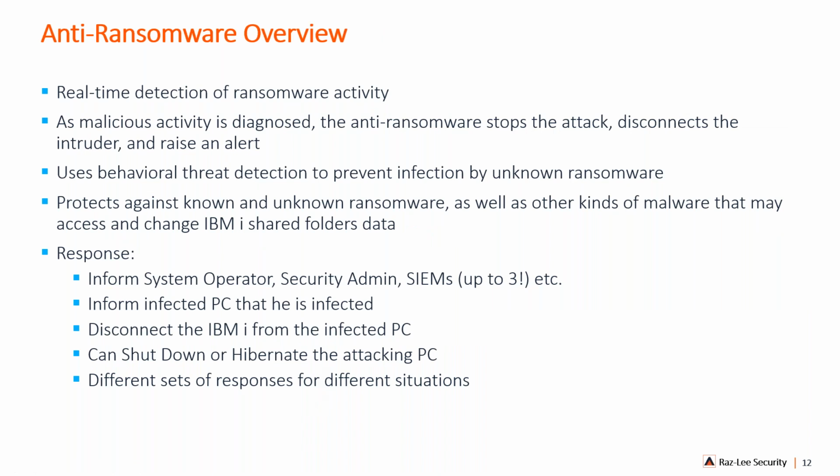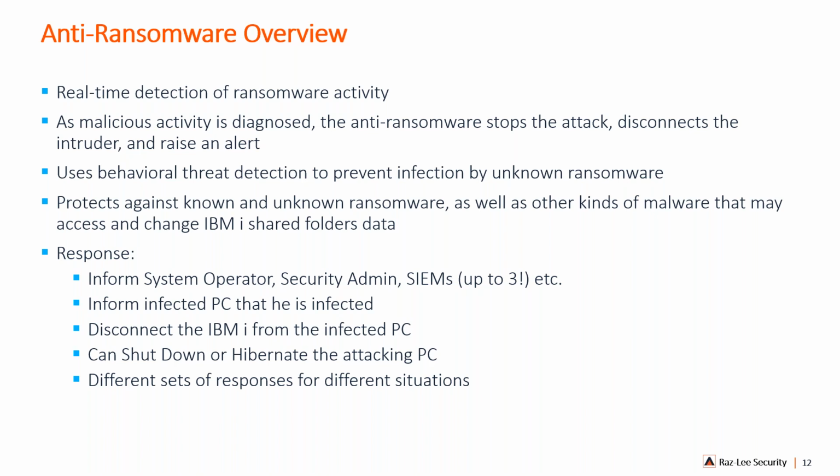Now, what is anti-ransomware? Anti-ransomware is not an antivirus. Antivirus cannot help us prevent an attack. Antivirus can show us which files have been compromised, but this is far after the time that we can do something. Anti-ransomware is the idea of stopping the attack at the very first moment that we can detect it.